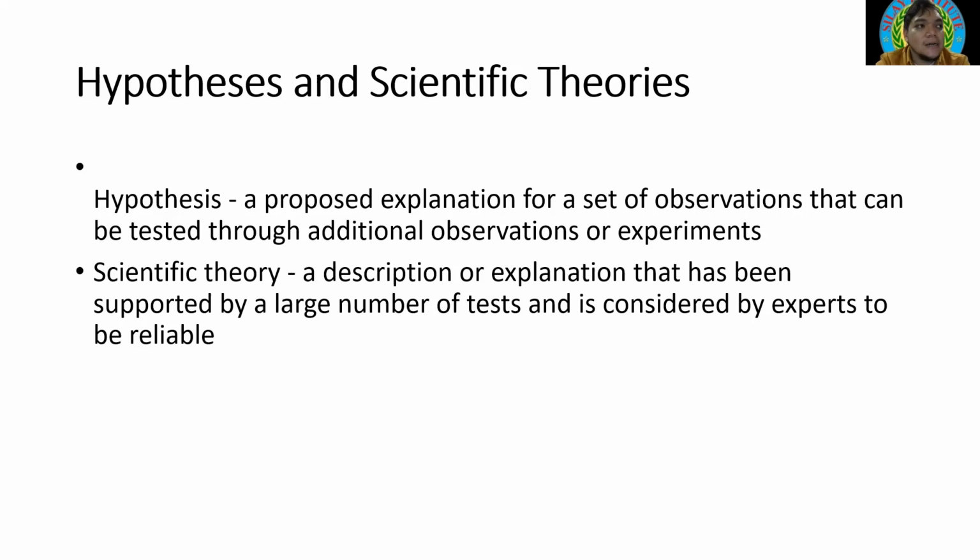A hypothesis is somehow personal because it is not yet proven. When the hypothesis is already proven and a lot of backup was already planted into the hypothesis, that's the only time that we can consider it already a theory.